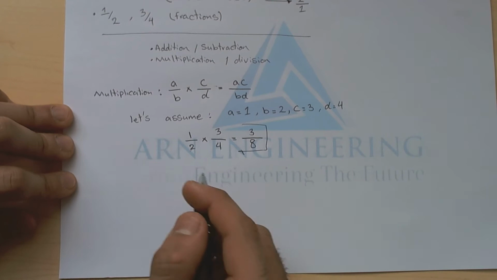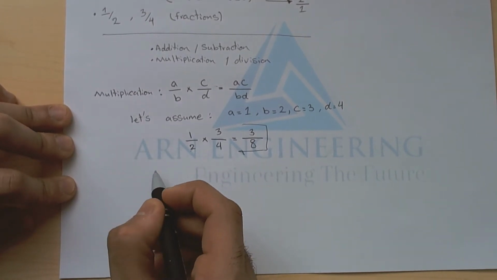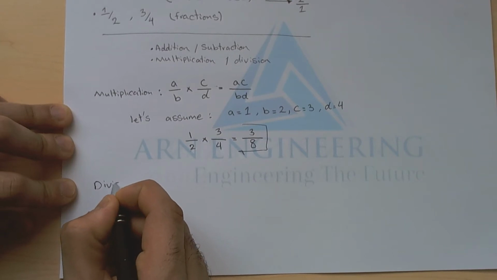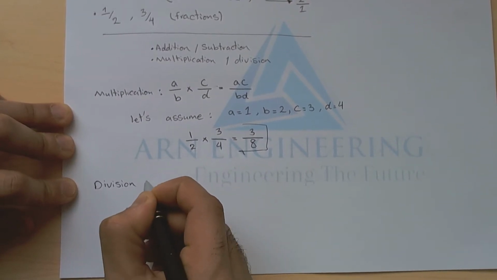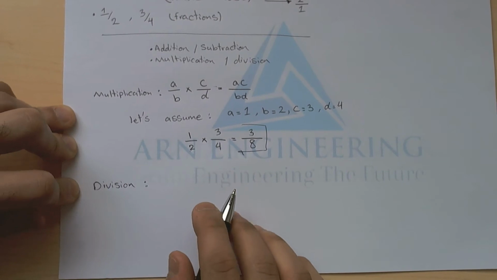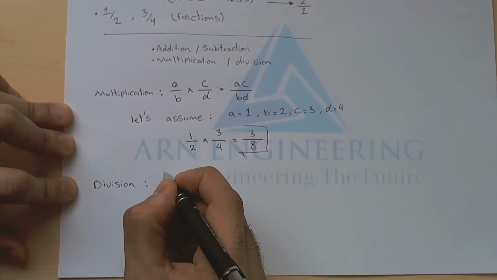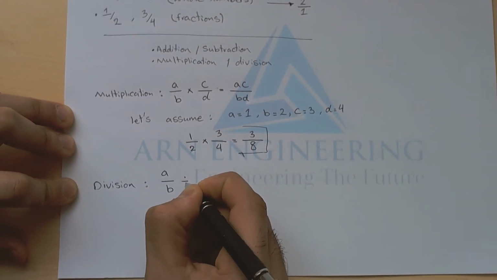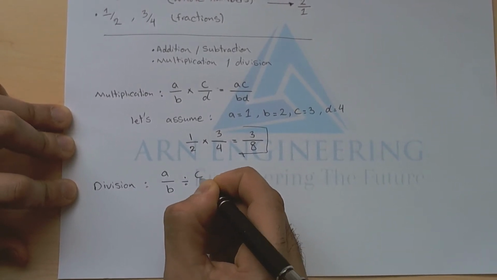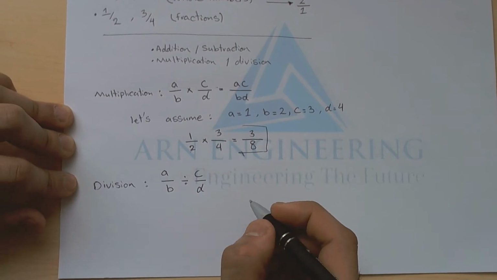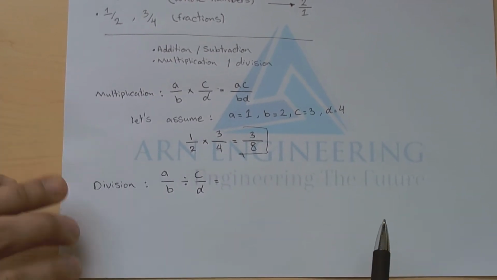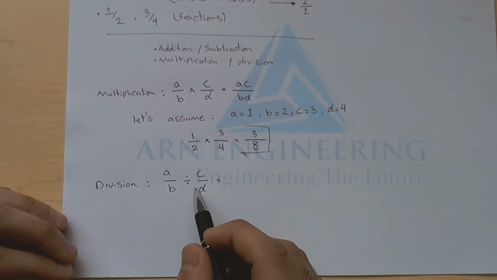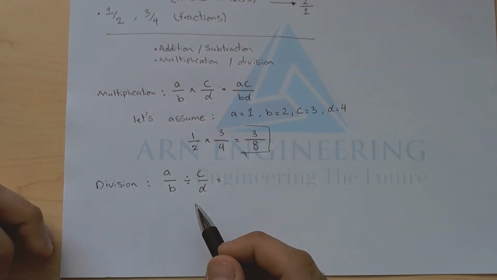Now let's talk about division of fractions. So let's go back to the general form again. So a over b divided by c over d. What I like doing when I'm dividing two fractions is to make a bigger fraction.